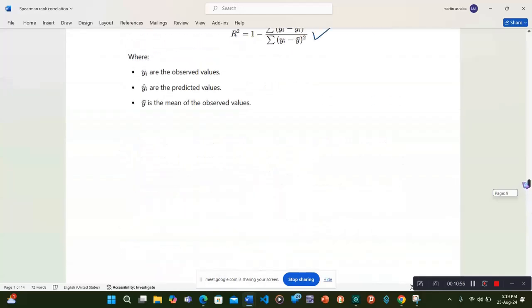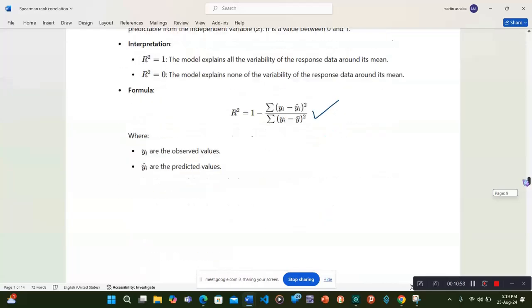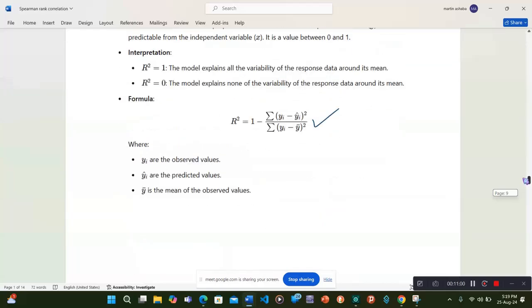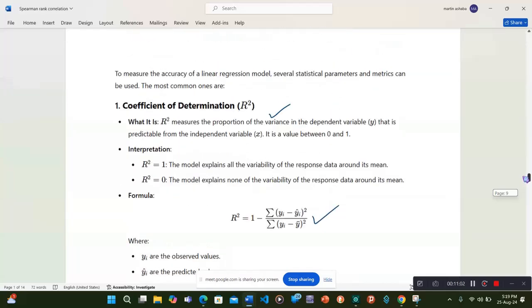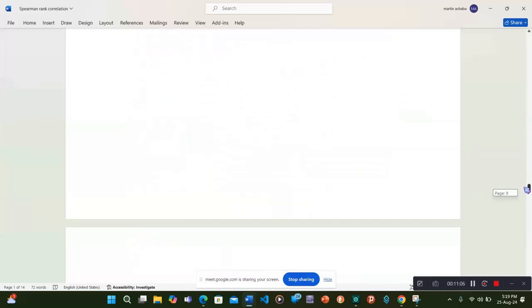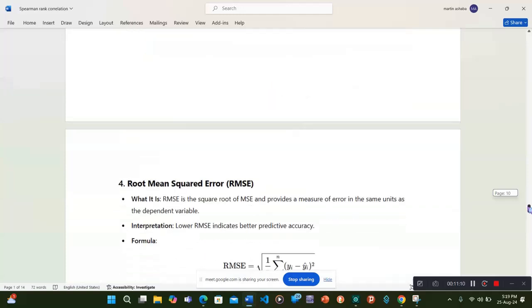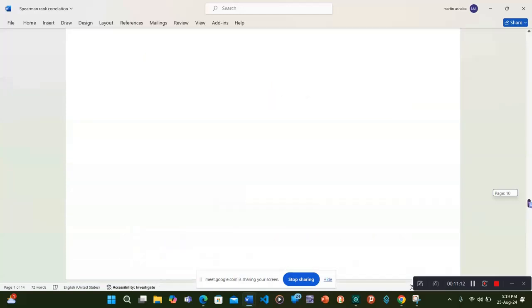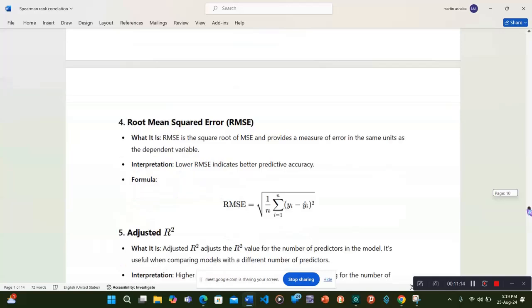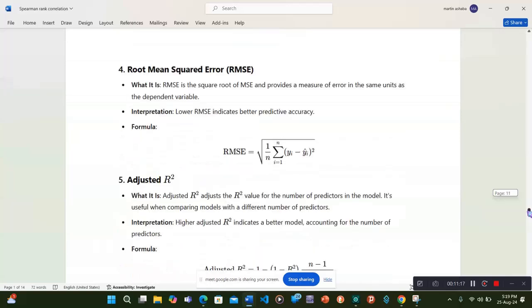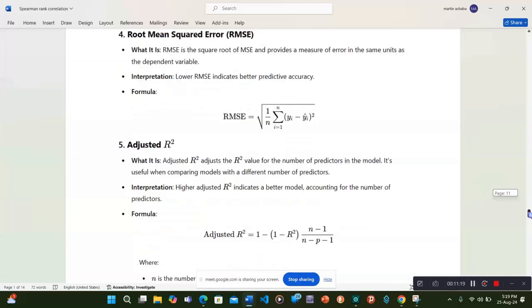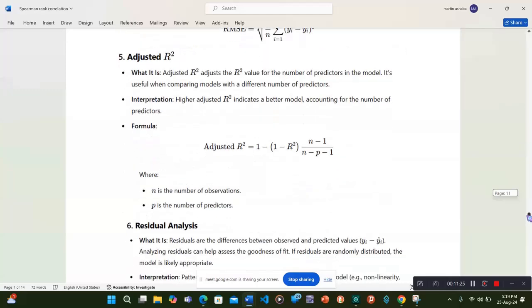Even with r squared, we are just looking at a basic method of measurement, and we may not go into details. But given any question to determine the root mean square error value, the formulas and expressions have been given here.